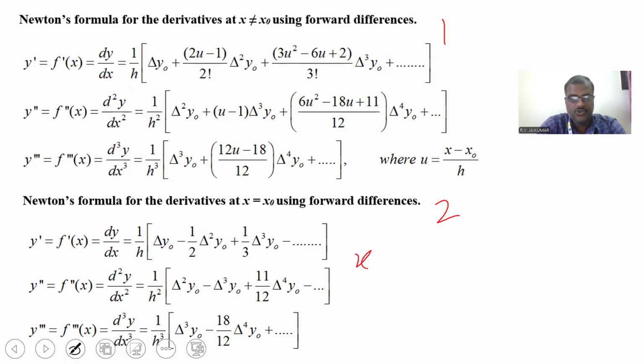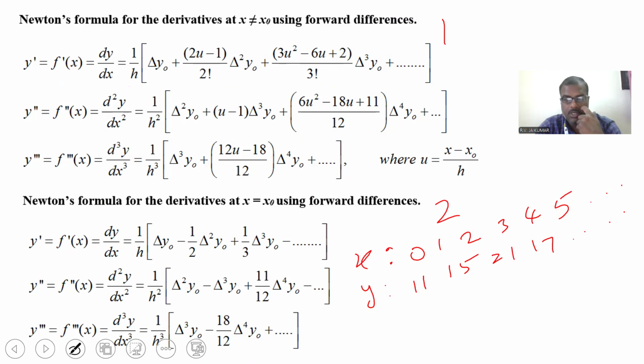Here I have mentioned the values of x and y previously: x is 0, 1, 2, 3, 4, 5, and so on, and y is 11, 15, 21, 17, something like that. Suppose they are asking to find the value of y dash at x = 0.